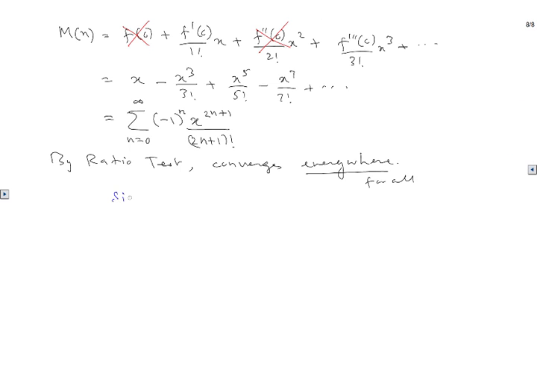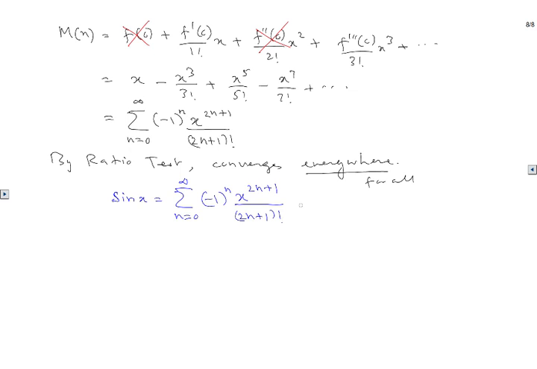So this is something that we need to remember. So sin x is the sigma n going from 0 to infinity, negative 1 to the n, x to the 2n plus 1 over 2n plus 1 factorial.